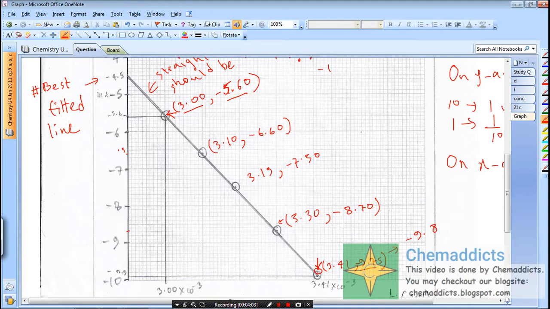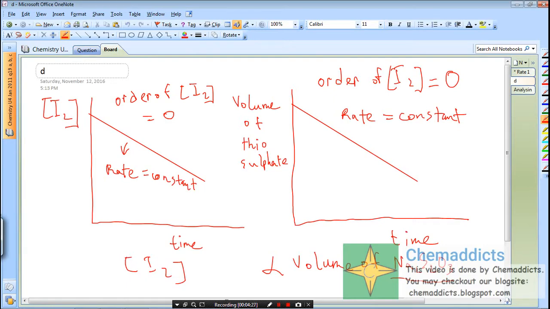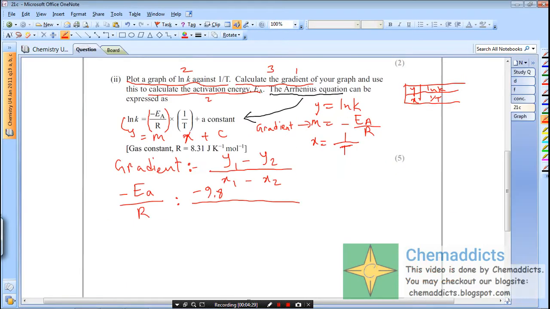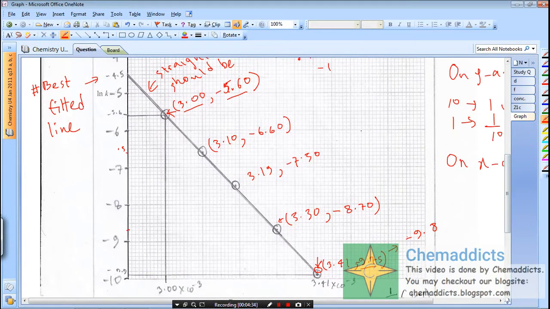We take the y-axis first, that is minus 9.8 minus 5.60.